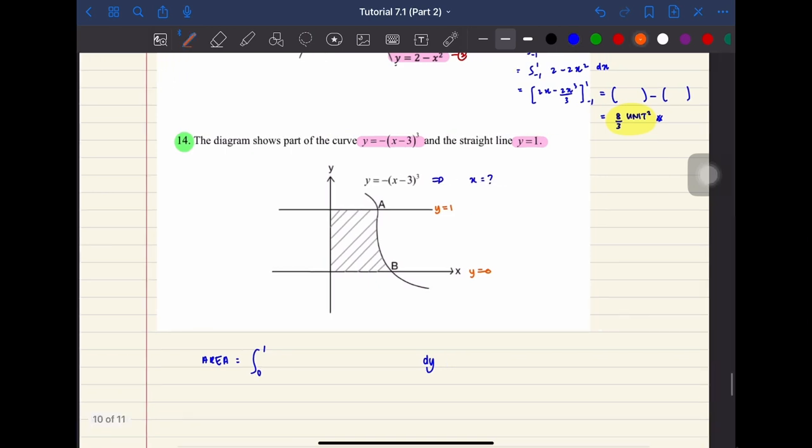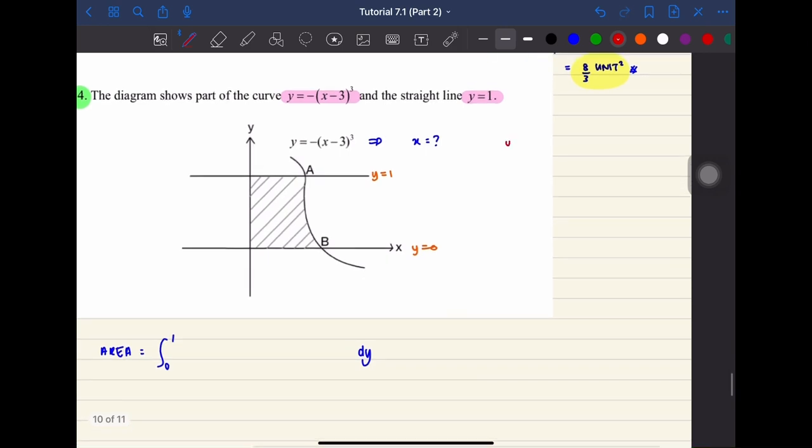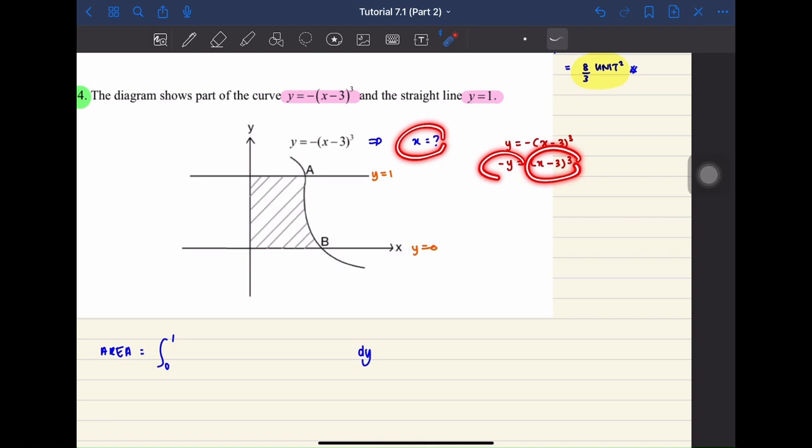Okay, so saya cari. So kita ada y sama dengan negatif x negatif 3 kuasa 3. So kita hilangkan dulu negatif tu. So dia jadi negatif y sama dengan x tolak 3 kuasa 3. Okay, so kita nak cari x kan. So kita kena cube rootkan dua-dua belah. So yang belah kanan tu akan hilang dia punya kuasa 3. Okay, so kita nak x. So negatif 3 kita pindah sana.